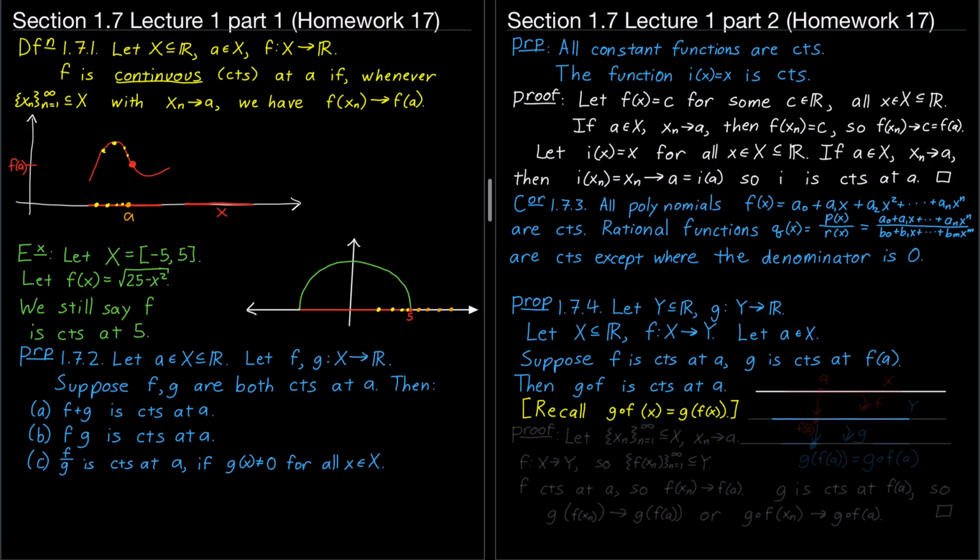Here's the real line. Here is our set X. Then here's the real line again. Our function f is sending X to some set in here. And we're going to put Y as the domain here, and then here is our function g that sends Y to something in the real line.